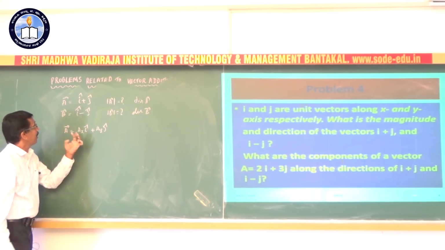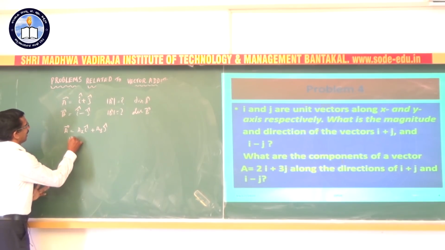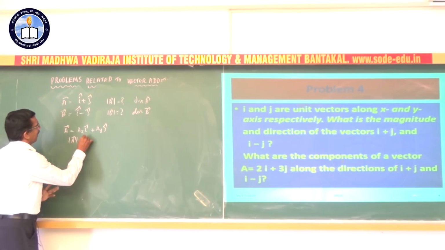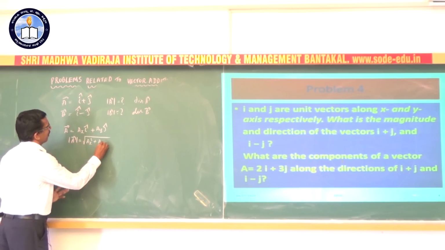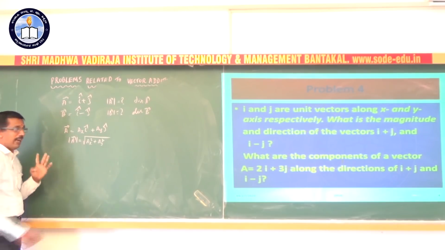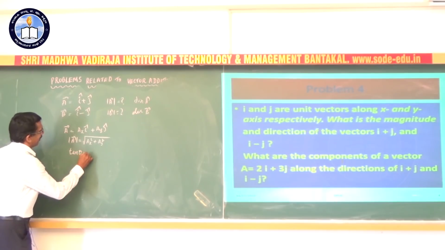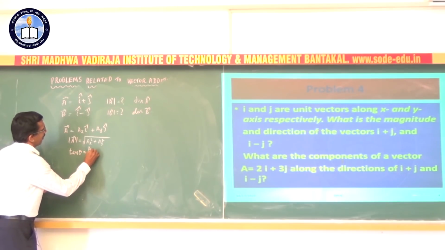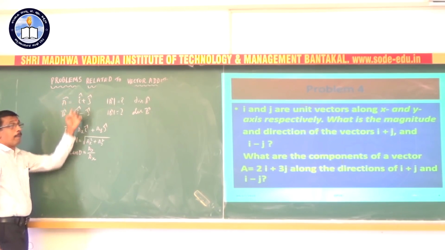Then the magnitude of the vector is given by square root of Ax square plus Ay square, and direction is given by tan theta equals Ay by Ax. The same principle we are using here for both cases.